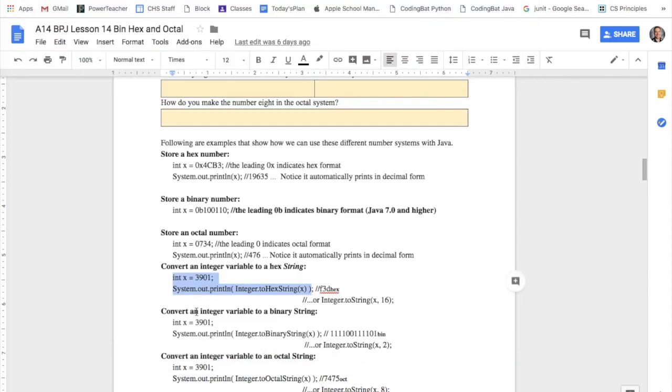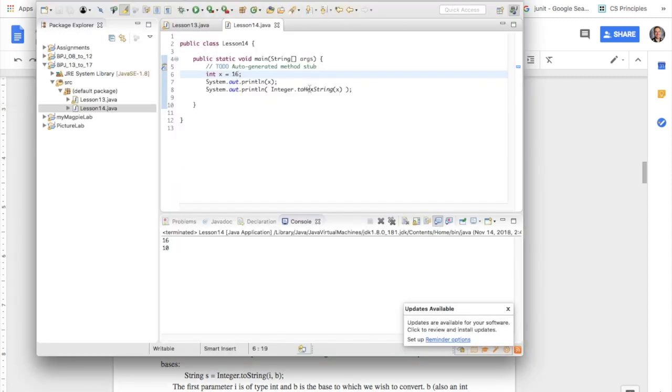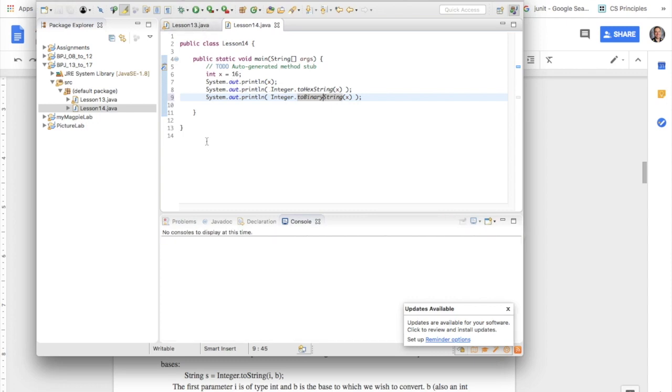Looking at some of the other options, we also have Integer.toBinaryString. So instead of toHexString, toBinaryString. So a number like 16 will be 16 in decimal.